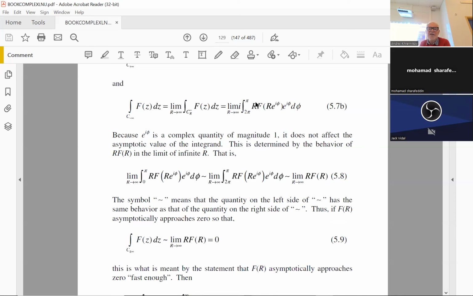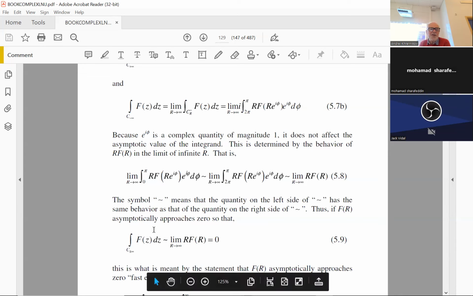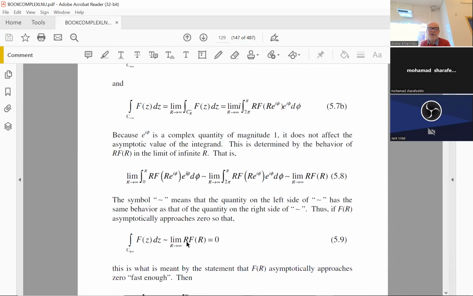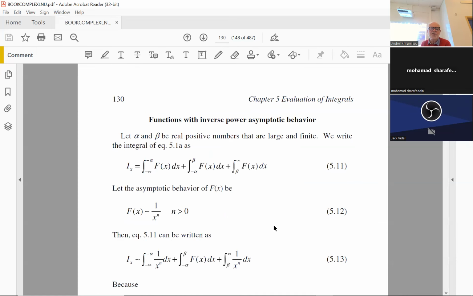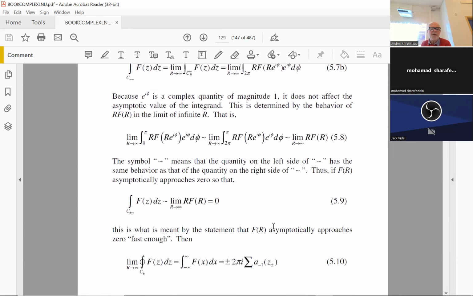So here is this R, the radius, and here we have our function on the circle, f of R. The symbol of equivalence means that it is approximately equal. So this integral over the half circle would go to 0 if our function, when we put in the real number R and let R go to infinity, goes to 0. This is the definition of what it means that our function goes to 0 sufficiently quickly.